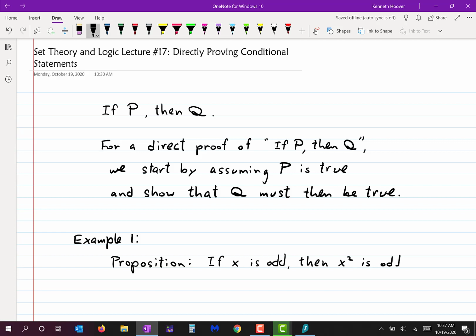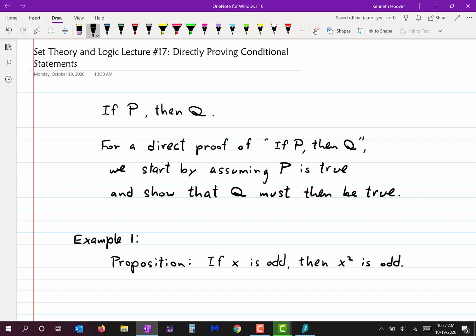Hopefully you are reading the book and you would have seen this, but I'll just point it out. Some people use the words proposition and theorem interchangeably. They technically are interchangeable. There is technically no difference between calling something a proposition and calling it a theorem. However, there are people who like to use the words differently, okay?